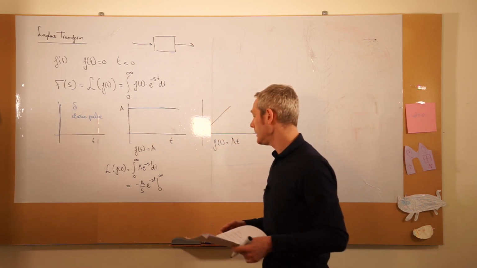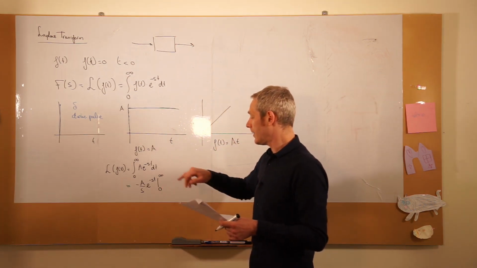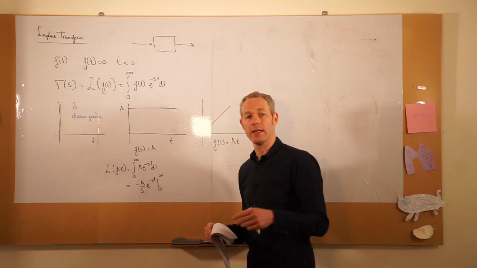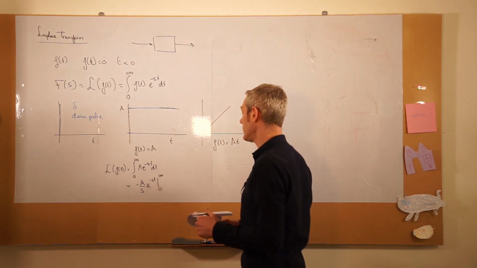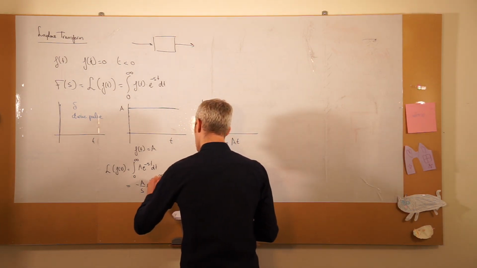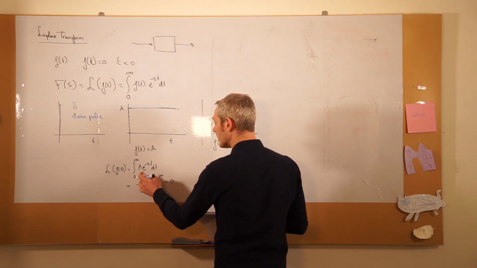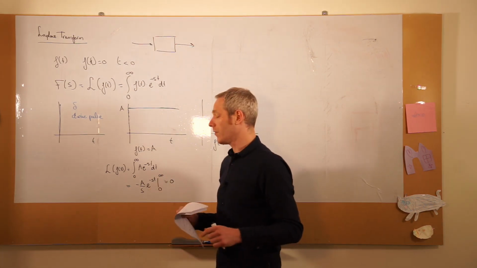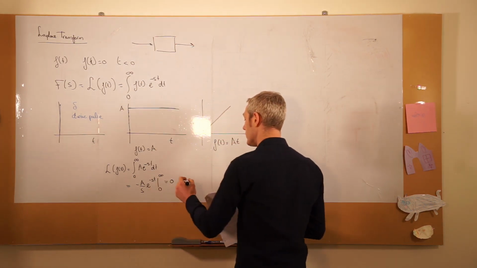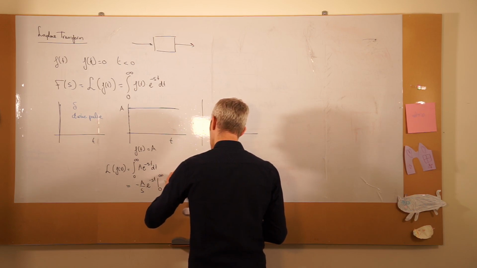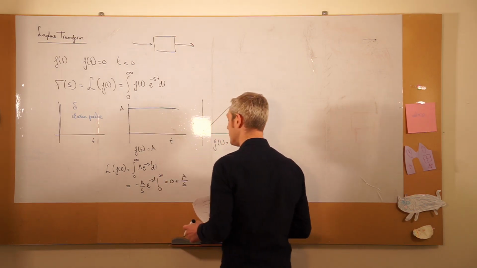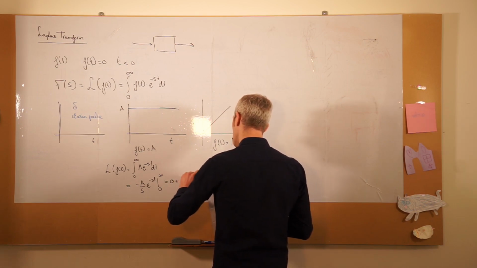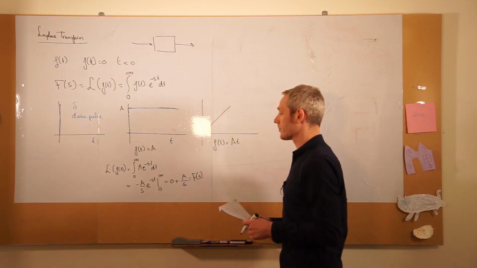Now if we want to do this neatly, we would take the limit here, but as we know that e to the power of minus st goes to 0 as t goes to infinity, we are left with 0 minus whatever we get when we enter in 0. E to the power of 0 is 1, so we get plus a over s. And this is our Laplace transform.